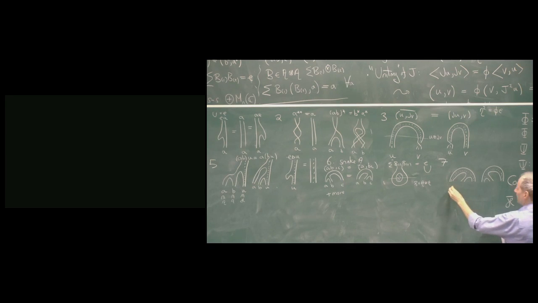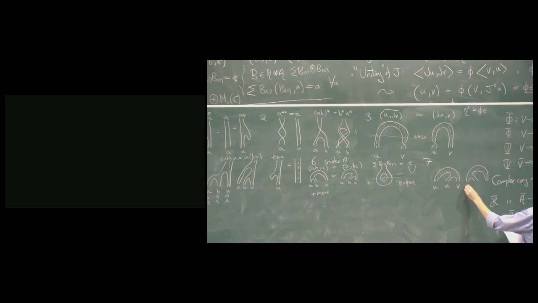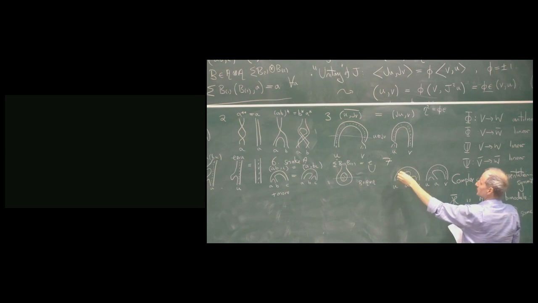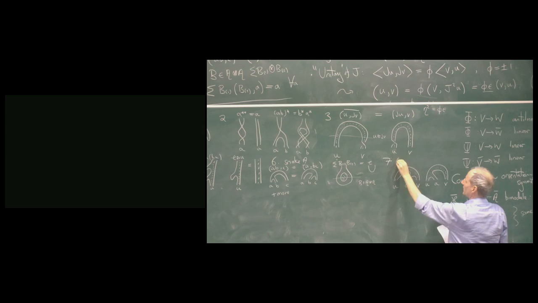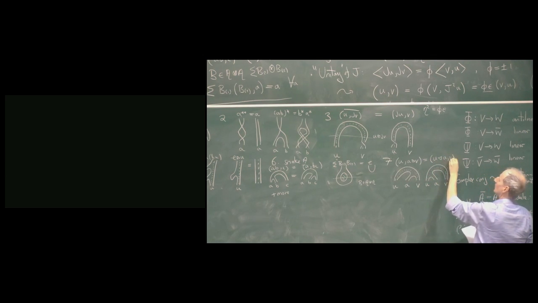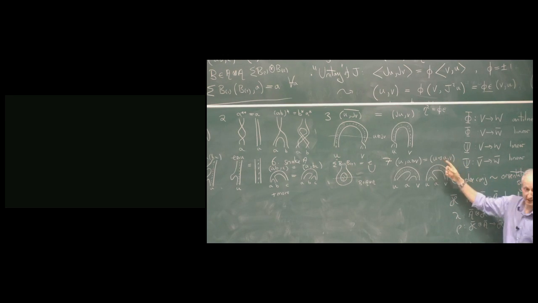So let's read this. So these are elements of the Hilbert space. This is an algebra element. So up here I get the bilinear inner product of U with A acting on the left with V. And up here I get the bilinear inner product with A acting on the right.